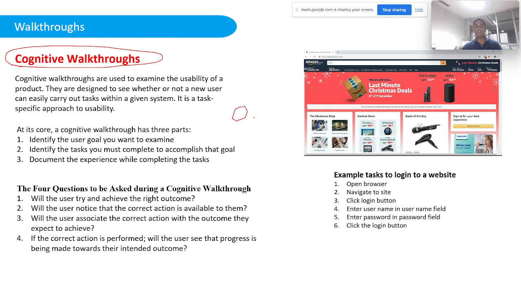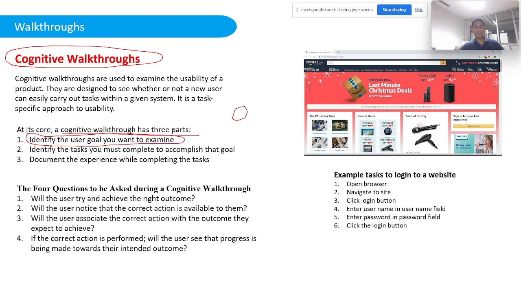So we try to gather information on various usability issues while navigating through the interface. So there are three parts in a cognitive walkthrough process. First, we define a user goal. So we give a goal to the user.